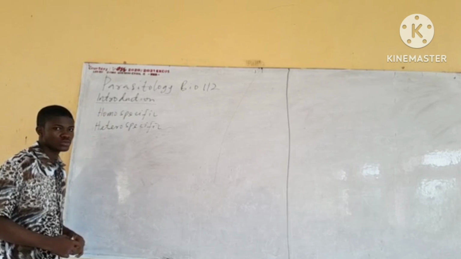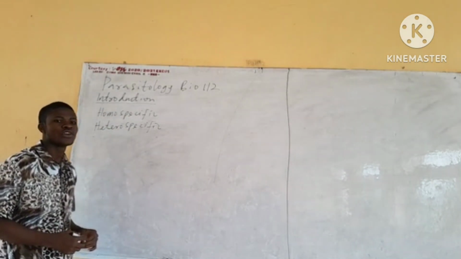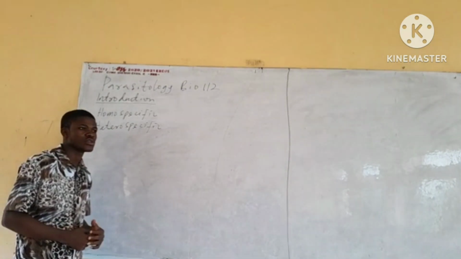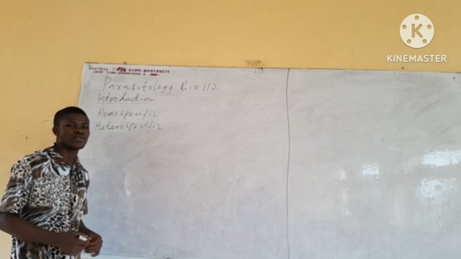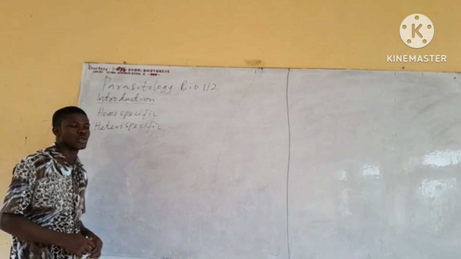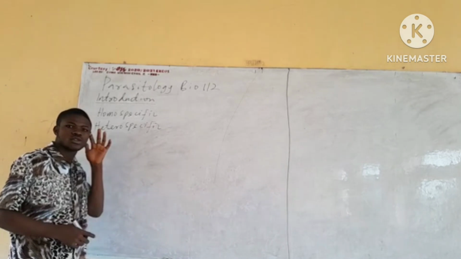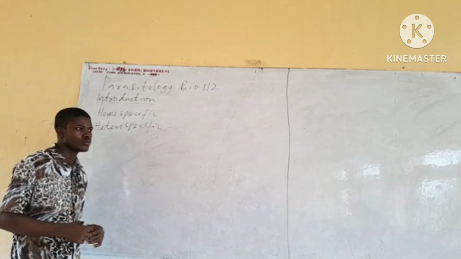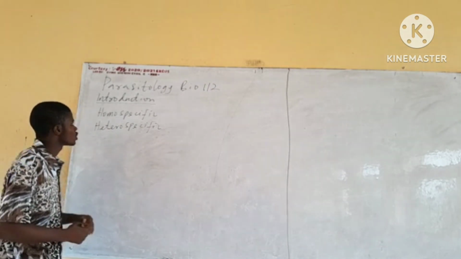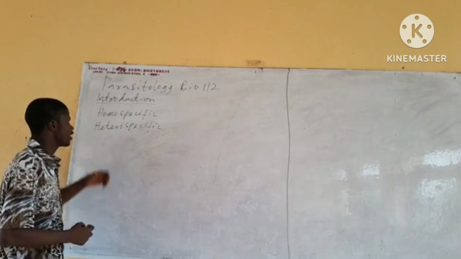Now, I would like us to understand that in every ecosystem, for organisms to survive, there must be interaction. There must be cohabitation. Organisms must interact with one another. If you look at the board, we can see two types of interactions specified here.